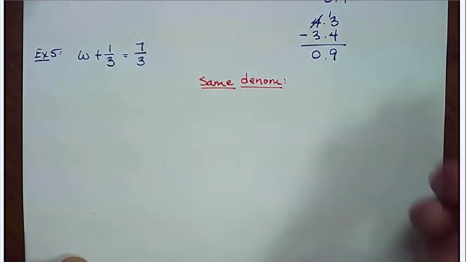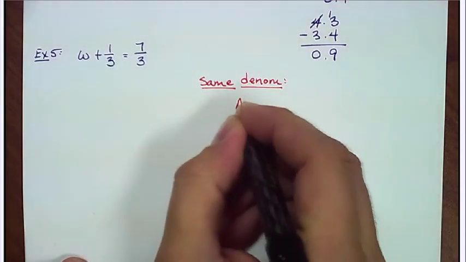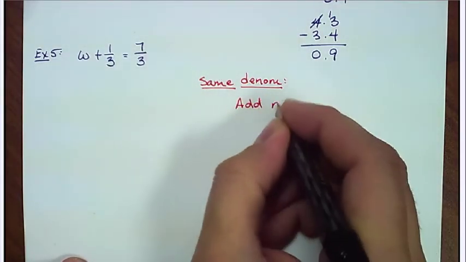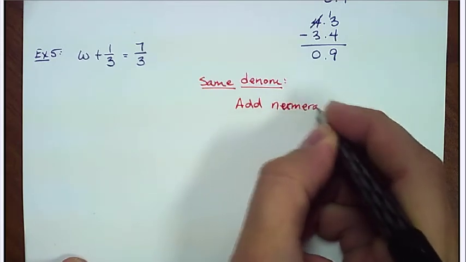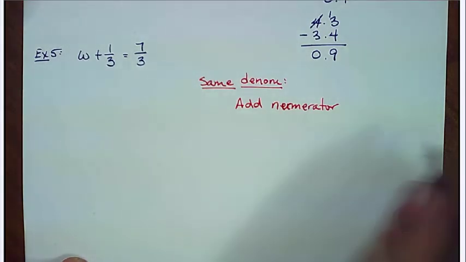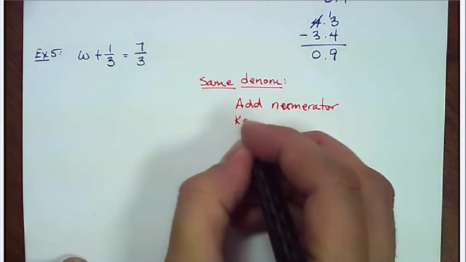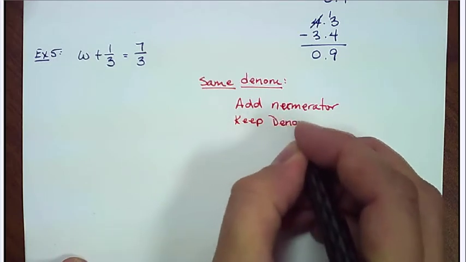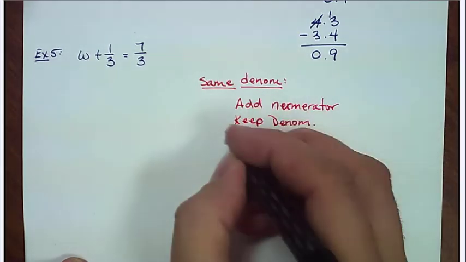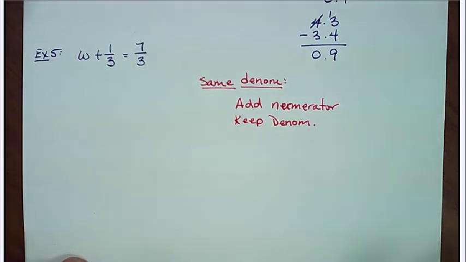If I have the same denominator, then we're going to add the numerators, that's the top. So we're going to add the top, but we're going to keep the bottom. You keep the denominator. Add the tops, but keep the bottom the same.